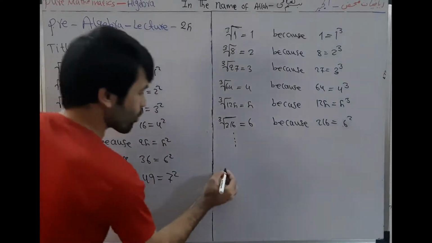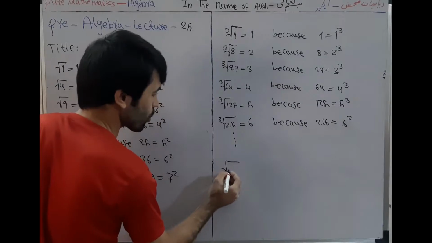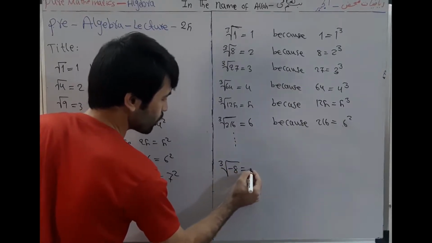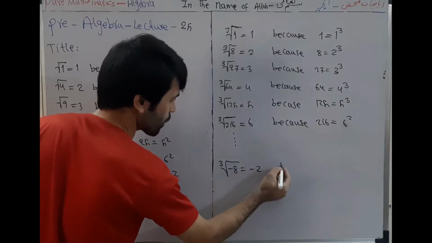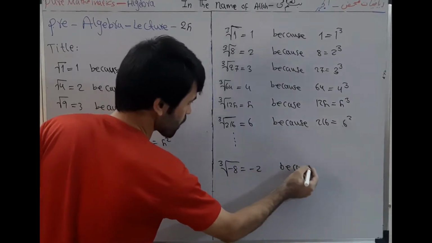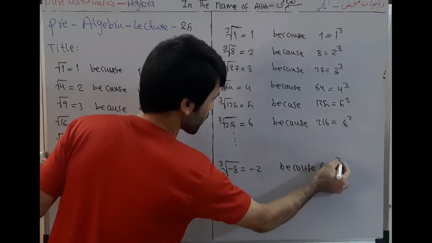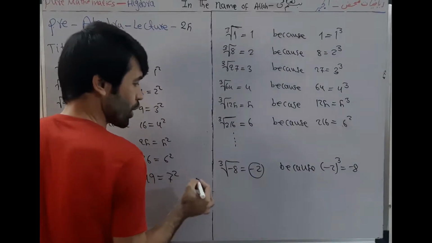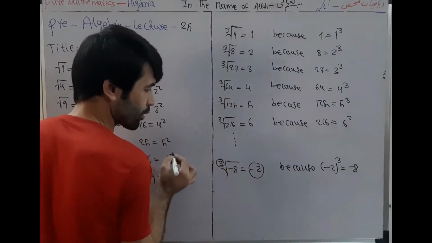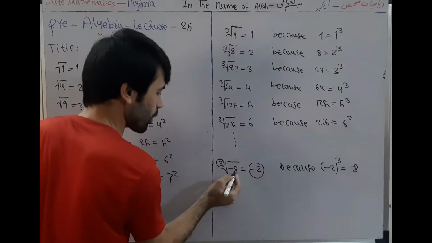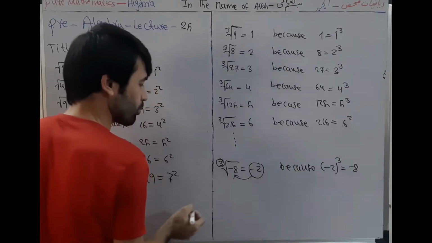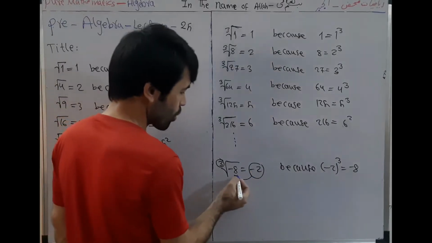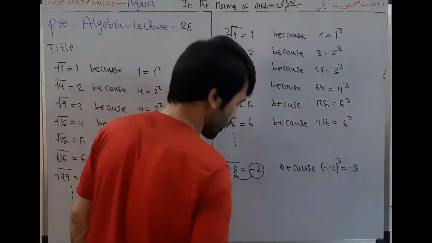Already we told you the third root of minus 8 is equal to minus 2 because minus 2 whole to the power 3 is equal to minus 8. This number raised to the power 3, the product of minus 2 three times, should produce minus 8. It is correct.